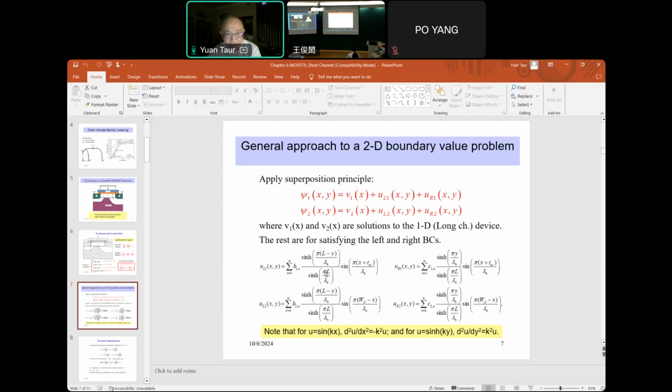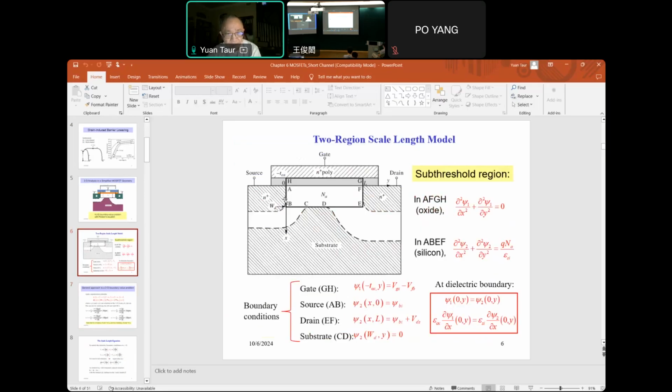So let's look at left and right. That's the y direction. UL1 is chosen to satisfy the source boundary conditions. So we want to add UR1, but UR1 has to vanish at the source. That's why UR1 has a sinh of pi y. The source means y equal to 0.